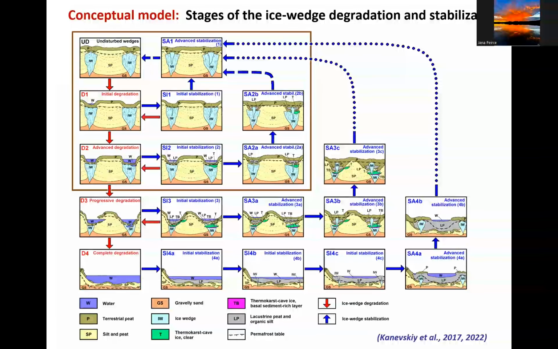This is the last version of the same conceptual model. It's rather complicated, and of course I don't have time to describe all these stages.